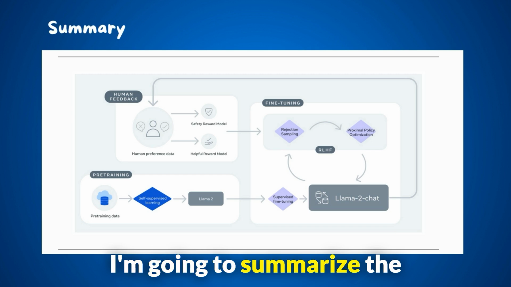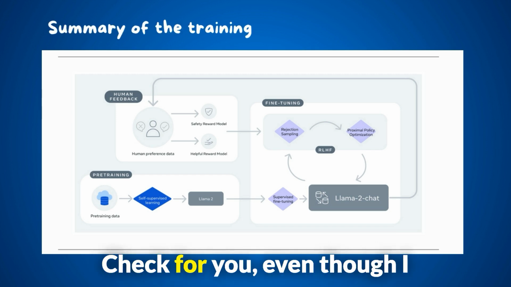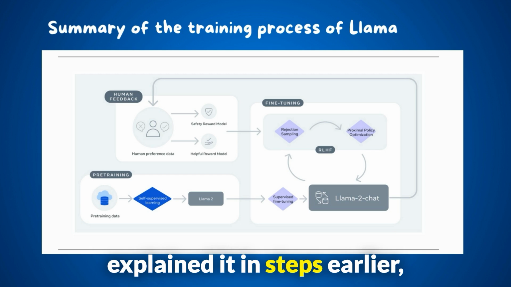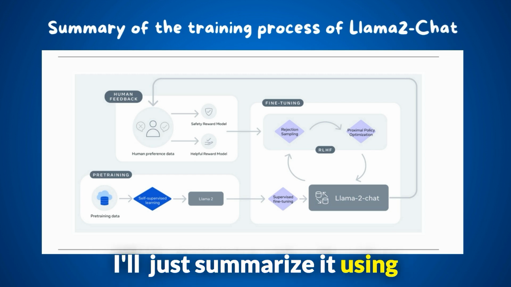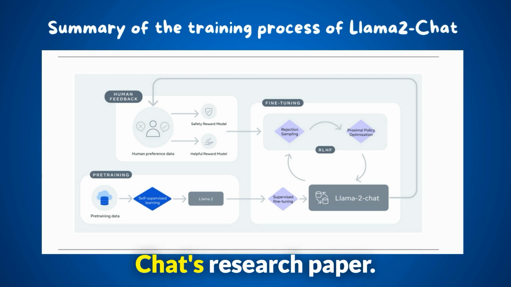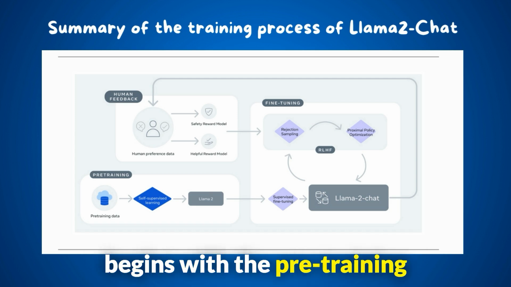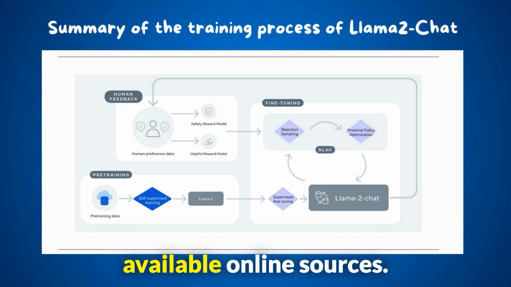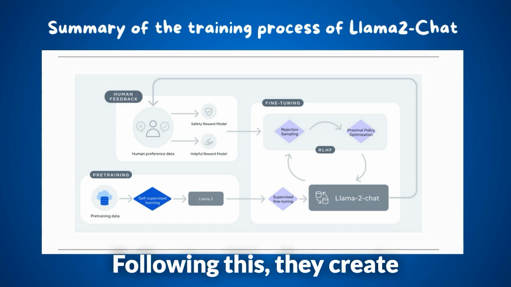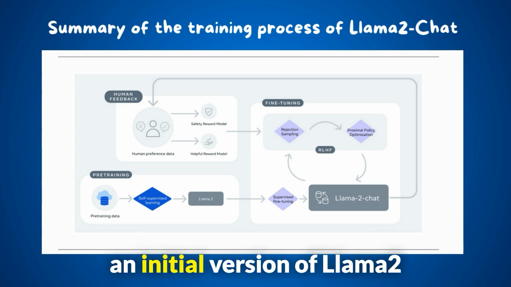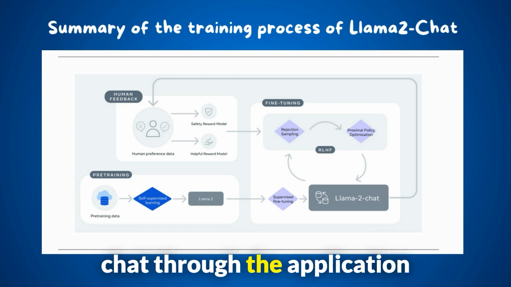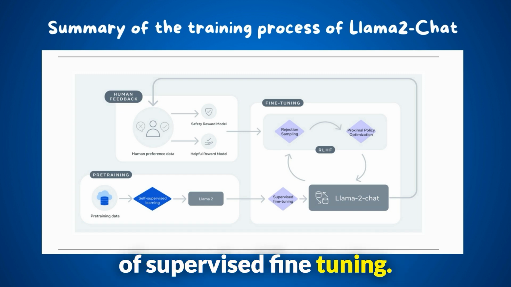I'm going to summarize the training process for Llama 2 Chat for you. Even though I explained it in steps earlier, I'll just summarize it using the figure below from the Llama 2 Chat research paper. The entire training process begins with the pre-training of Llama 2 using publicly available online sources. Following this, they create an initial version of Llama 2 Chat through the application of supervised fine-tuning.